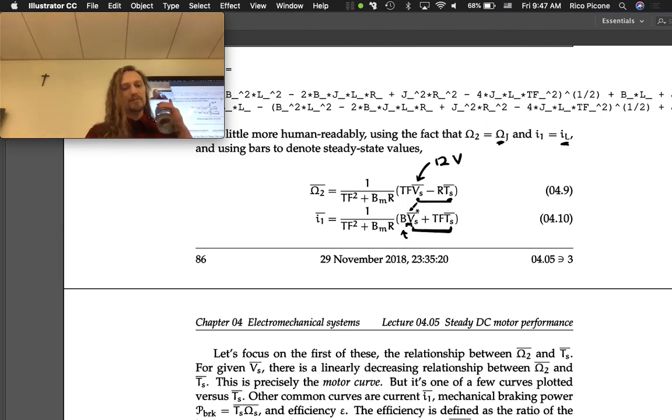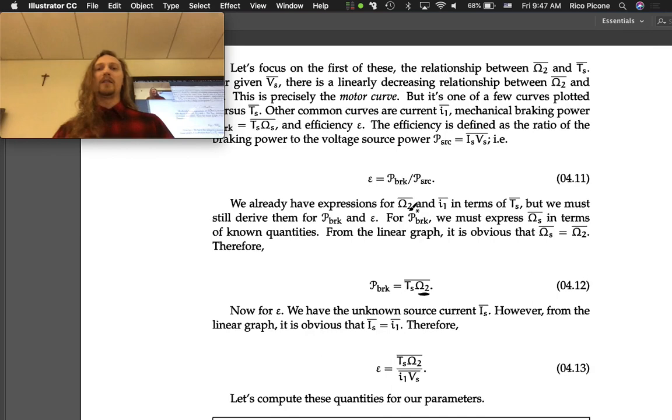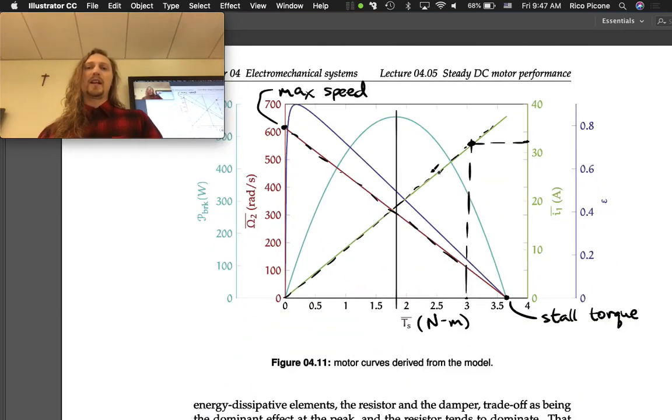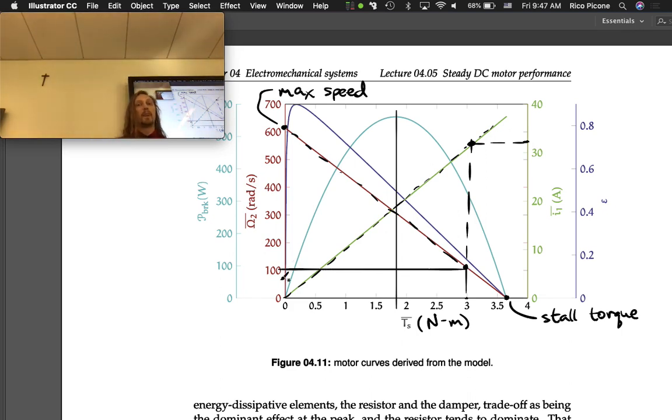Now, when you're running a lot of current, we know how this works. When you're running a lot of current, you're at high torque and low speed, right? So say you're at this operating regime, high torque, high current, and low speeds. The speeds are down here, 100 radians per second. Remember, the damper exerts a torque that's proportional to the angular velocity.